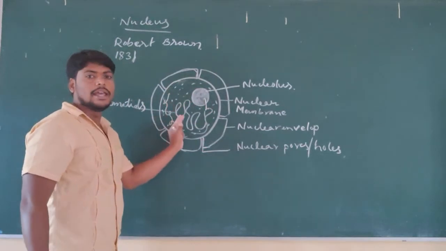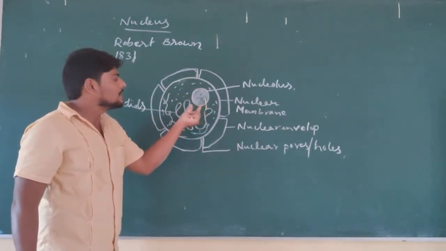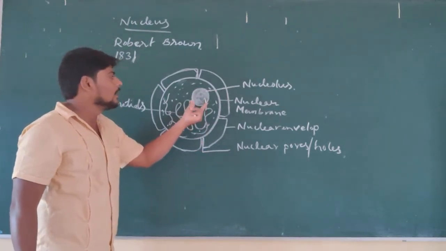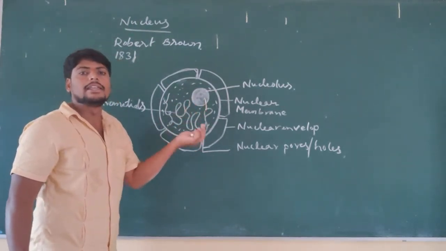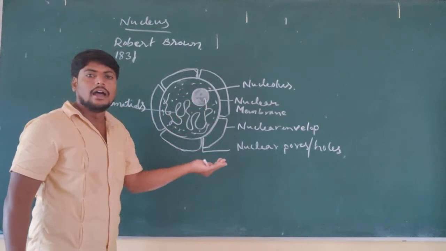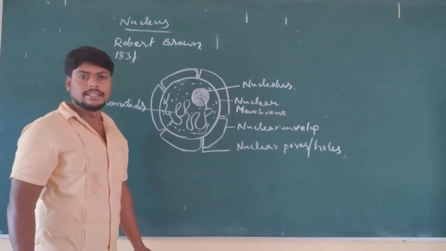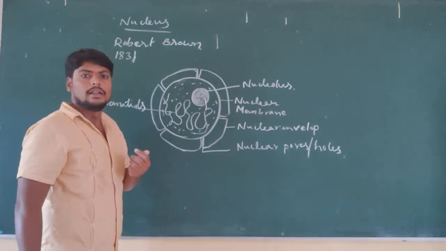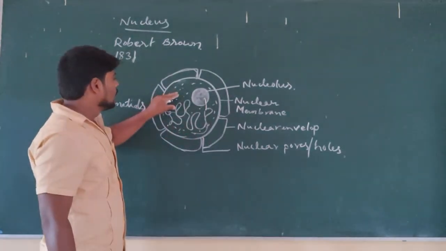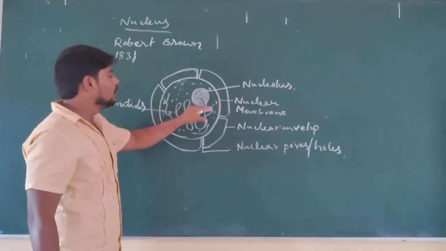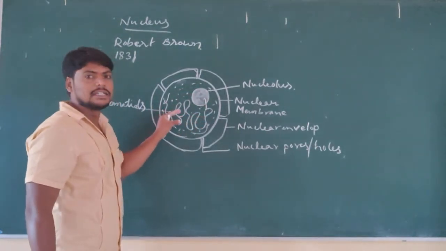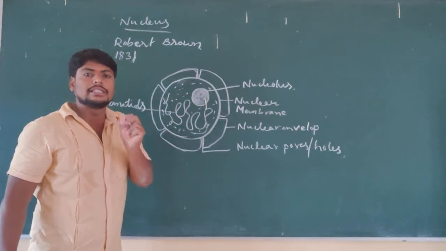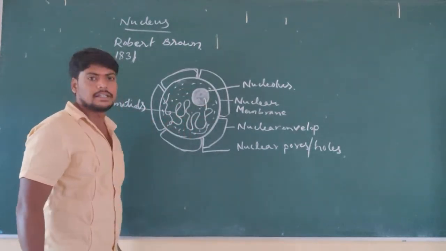Inside the nucleus there is a dark spherical structure called the nucleolus. The number of nucleoli differs from one organism to another, from higher organisms to minute organisms. Microorganisms have more, that is one. And inside the nucleus there is a condensed, very closely packed thread-like structure called chromatids.